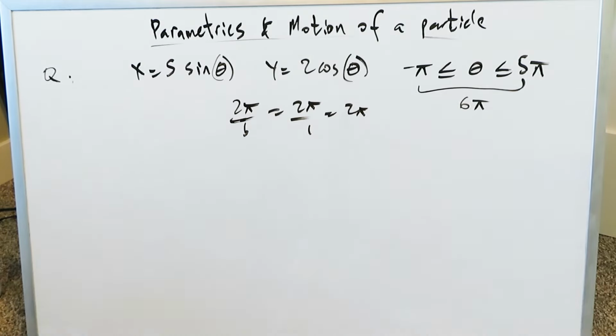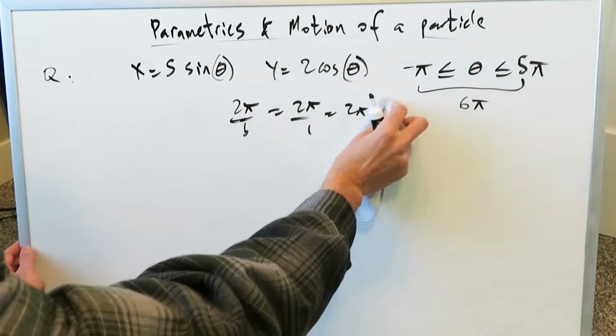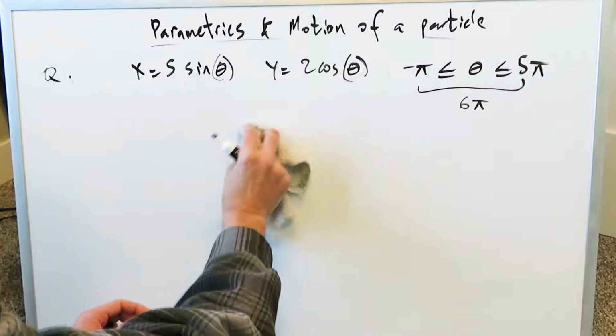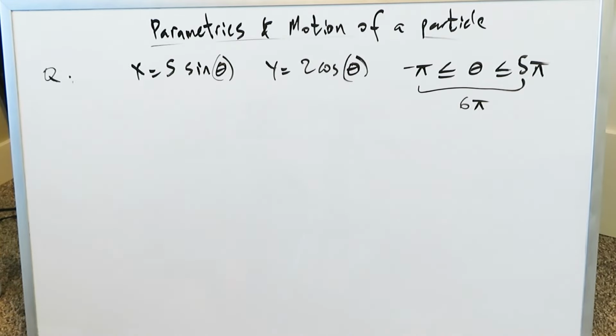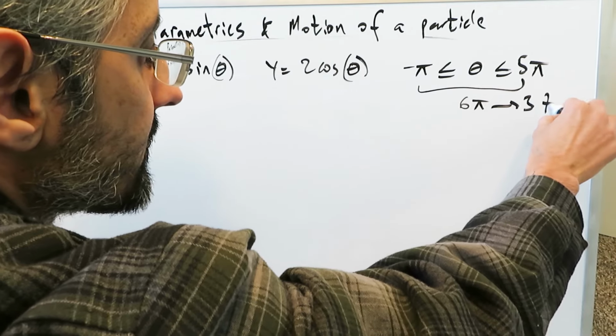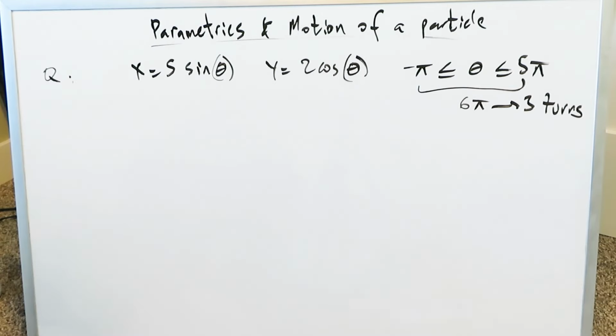The normal period I'm seeing here is to be 2 pi, but the particle is going to move over that distance of 6 pi. What does that tell you? If you have a normal period 2 pi, but we're moving through 6 pi, we're looking here at 3 turns. The particle is going to do 3 turns. We don't know if it's clockwise, counterclockwise. We don't know if it's a circle or if it's an ellipse, but whatever it is, it's going to do 3 turns. 6 pi divided by 2 pi, 3 turns.